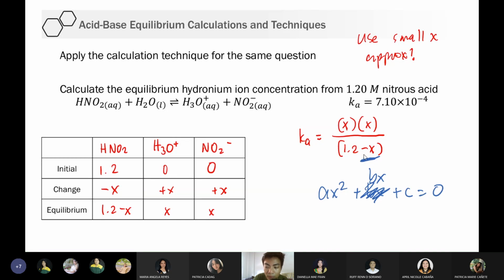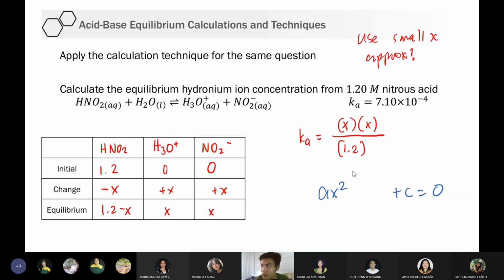Ibig sabihin, pwede na natin siya burahin. Okay? And as we remove the x in the denominator, our equation now will be simplified. Okay? And you can solve for the value of x by just obtaining the square roots. No? Kukunin mo na lang yung square root. No? No more quadratic equation.